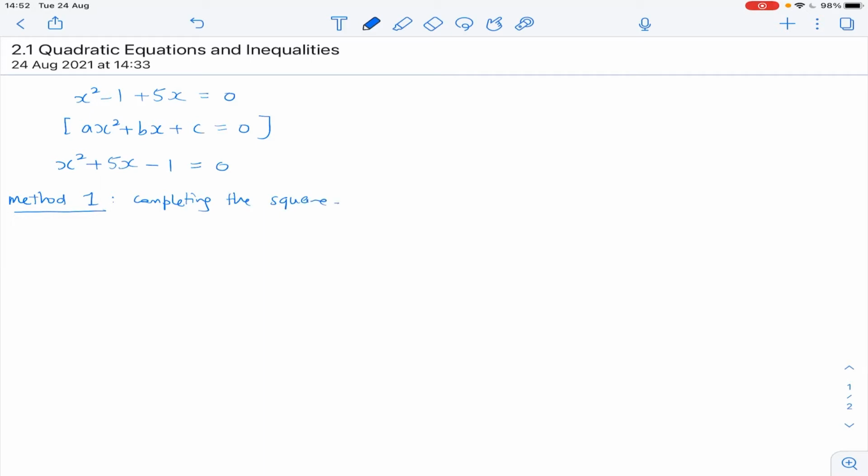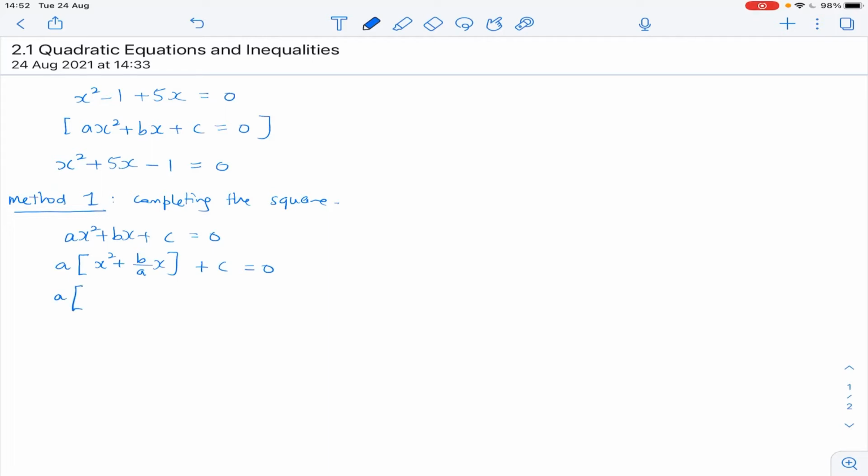So for the completing the square method, what you do first is, if you have ax squared plus bx plus c equals 0, I take a out, so I'm left with a times x squared plus b over a x plus c over a equals 0. Then I factorize what's inside the square brackets.